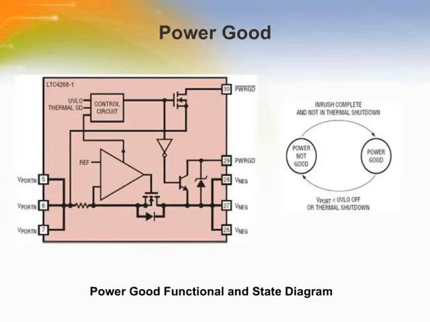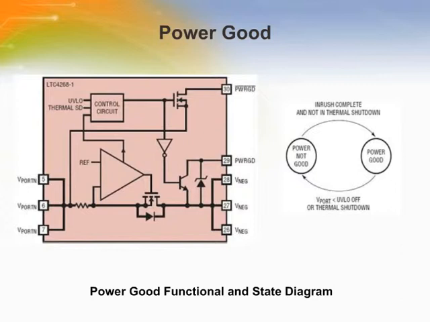The LTC4268-1 provides complementary power good signals to simplify the DC-to-DC converter interface. Using the power good signal to delay converter operation until the load capacitor is fully charged is recommended, as this will help ensure trouble-free startup.